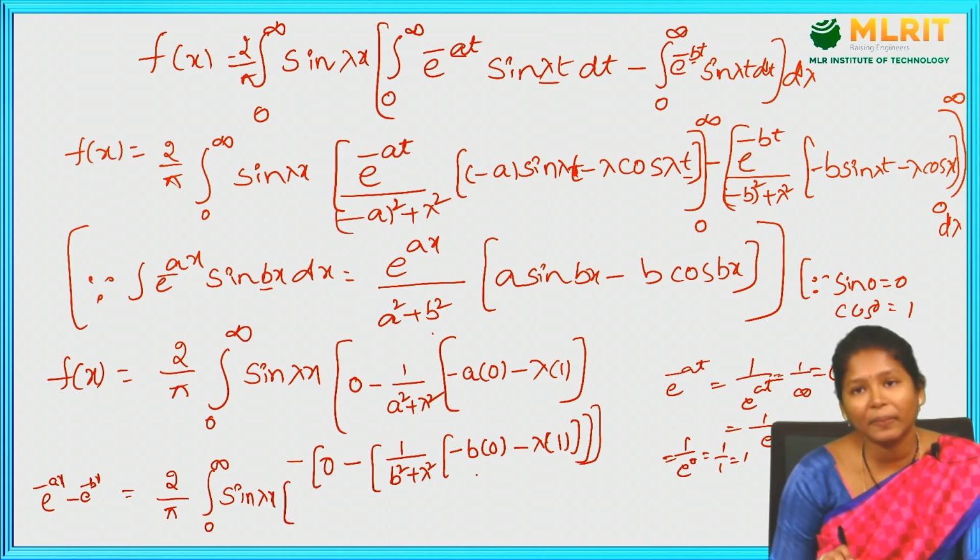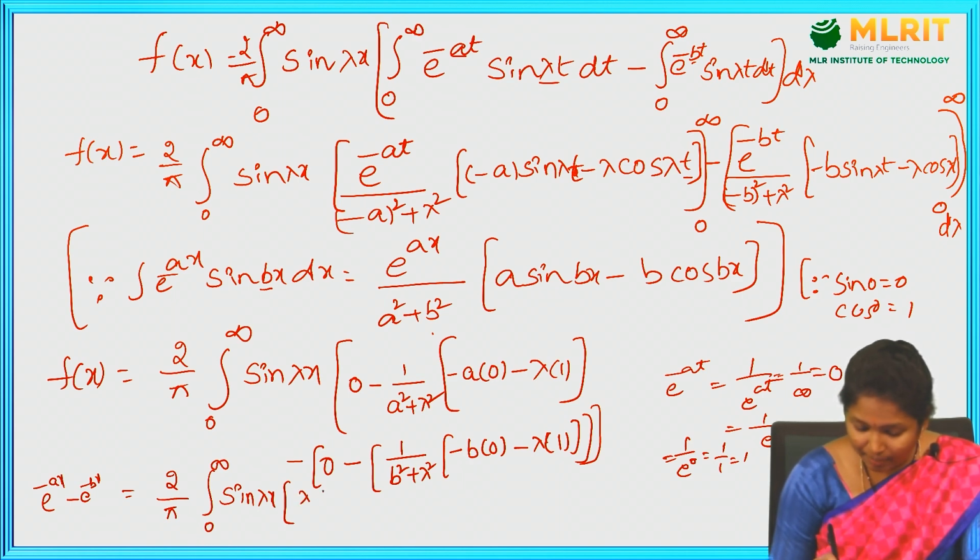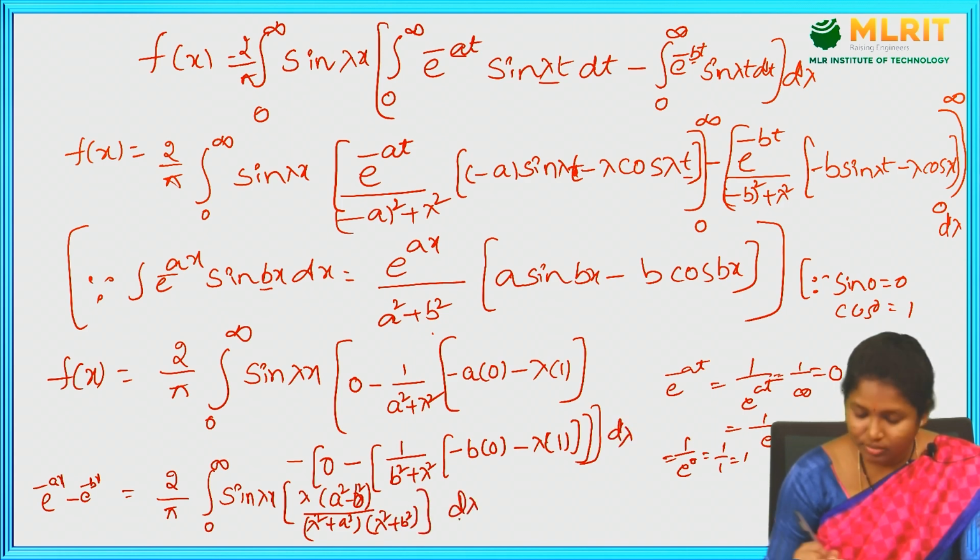When we multiply and apply the LCM, we get lambda into a square minus b square by lambda square plus a square into lambda square plus b square, d lambda term is there.